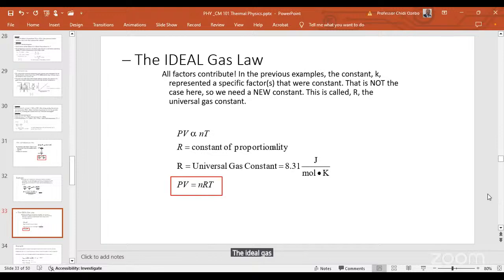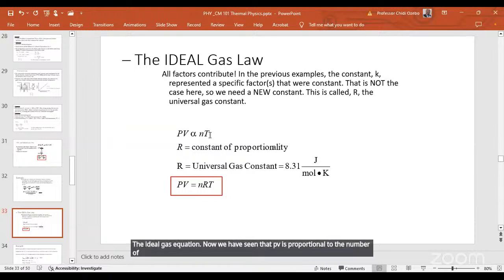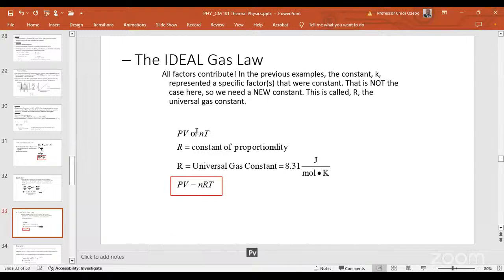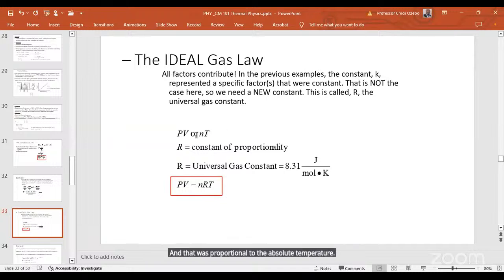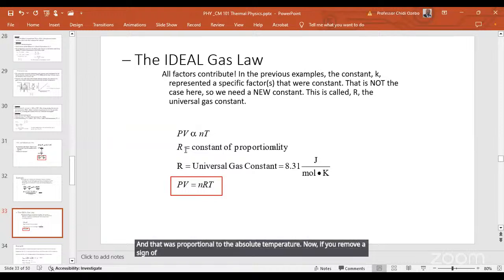Now we have seen that PV is proportional to the number of moles and also proportional to the absolute temperature. This is a sign of proportionality, something that looks like alpha. PV is proportional to the number of moles, which is small n, and also proportional to the absolute temperature. Now, if you remove the sign of proportionality, what happens? You introduce a constant.